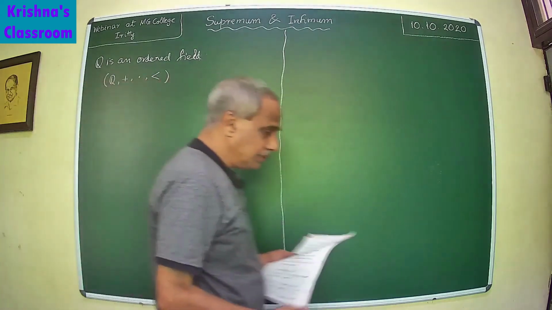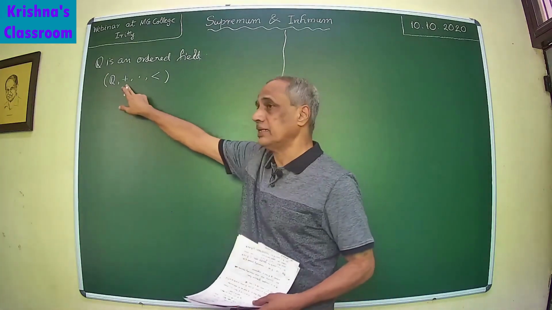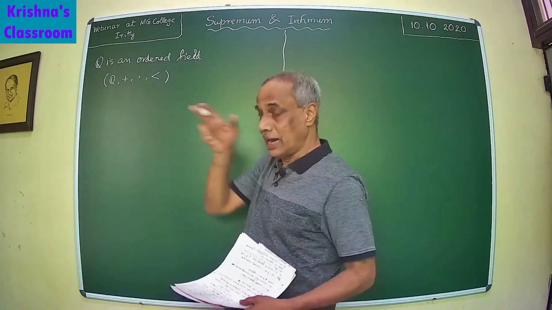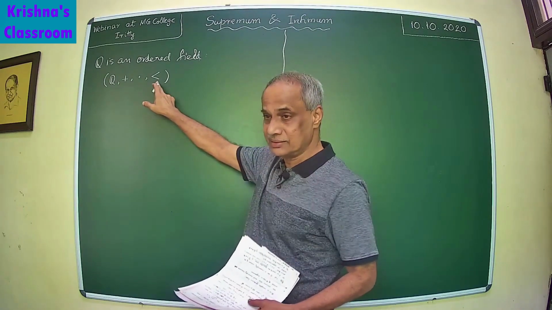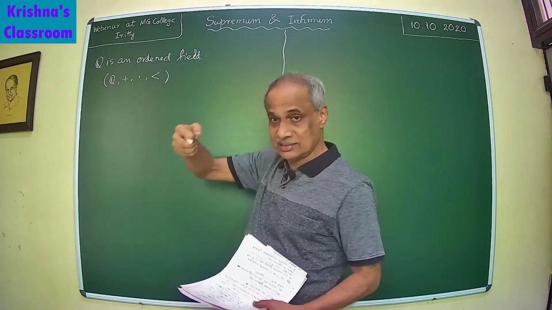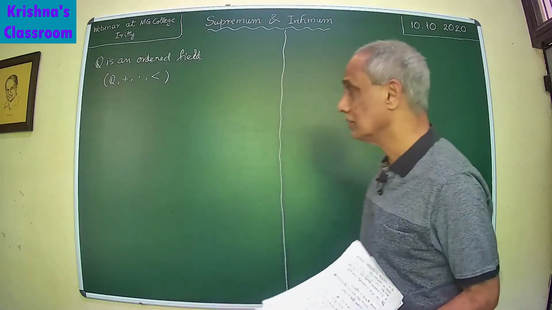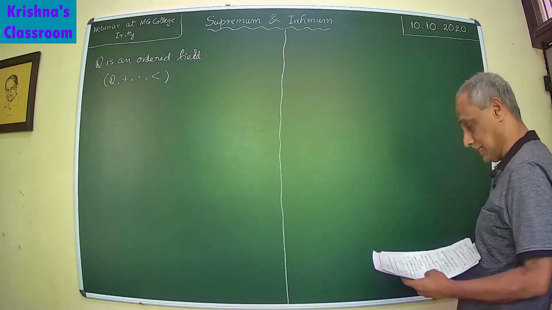So it is Q with these three operations. Now this is a binary operation, this is also a binary operation, and there is an order structure on that. All this can be systematically brought in starting from the Peano's axioms, as you can see in those lectures.